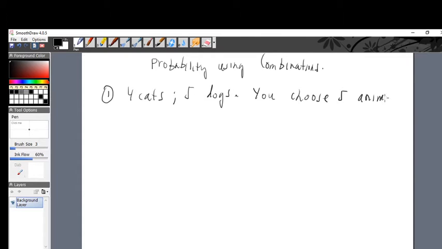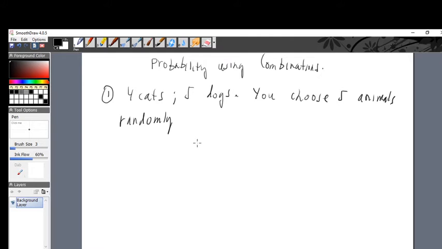Obviously, they're going to be either cats or dogs, or all five could possibly be dogs, or you can get four cats and one dog, but you can get all sorts of combinations. You choose five animals randomly from these four cats and five dogs.